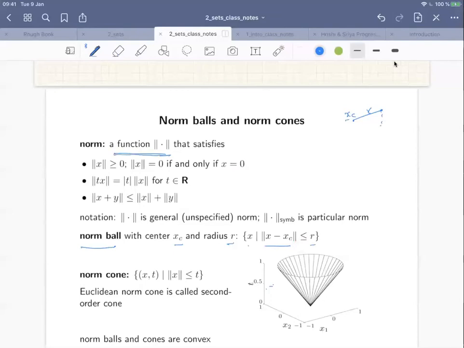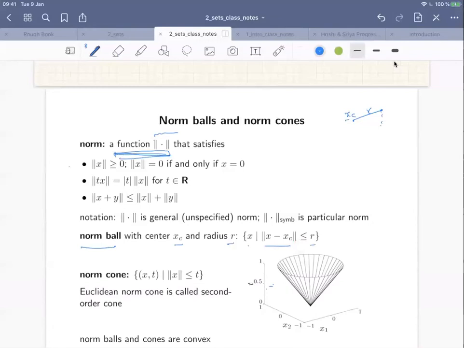There are different kinds of norm. It can be a one norm, two norm, or infinity norm. There are a lot of norms. But in general, a function associated with a vector space is called a norm only if it satisfies three conditions.